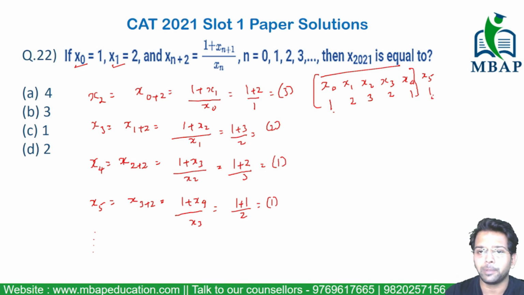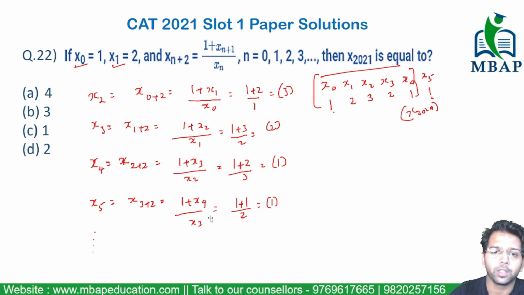If x5 is 1, the question is simple. The question is, what is x2021? It's a simple logic based question. All you need to do is find the logical term. You will find x6 to be 2, x7 will be 3, x8 will be 2, x9 will again be 1.